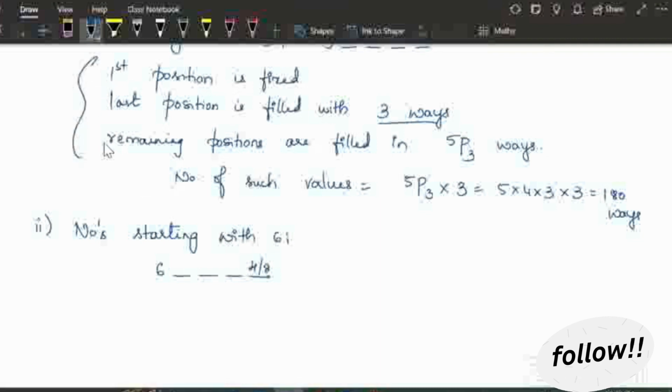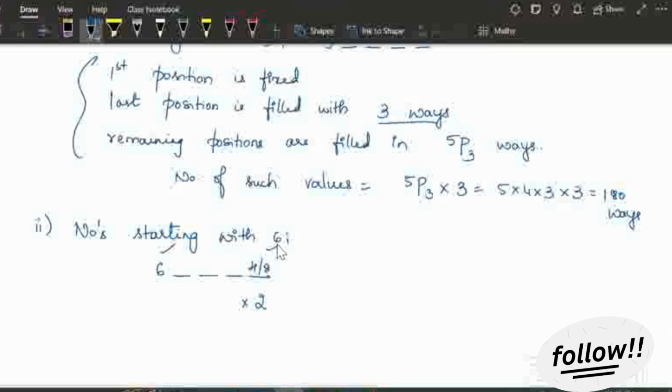So you have to write the answer in this format. I am just writing the answer here. You need to mention it this way. First position is fixed with 6. Last position is filled with 2 of the remaining digits, which is 4 and 8, in 2 ways. Now, first position is fixed, last position is fixed.